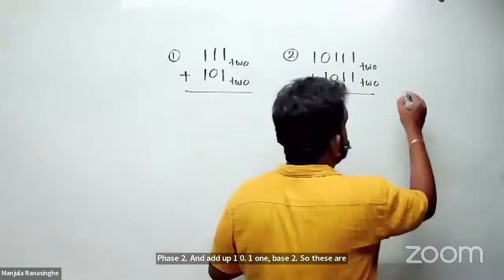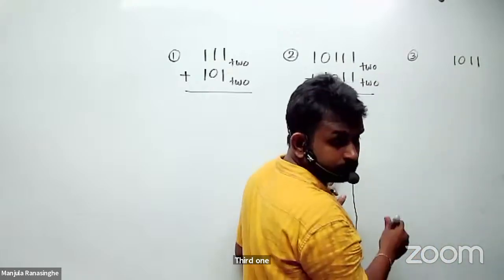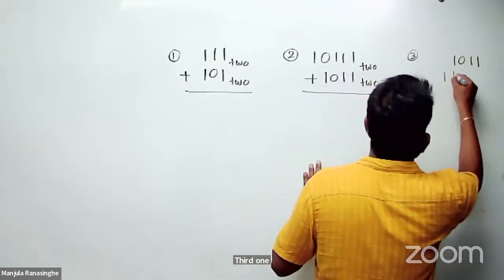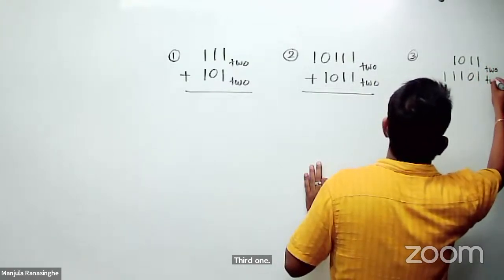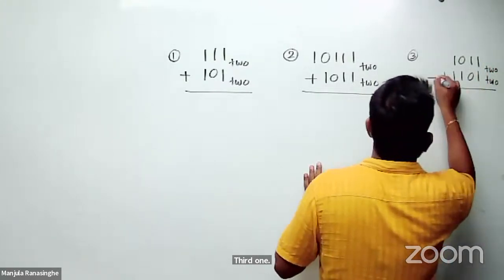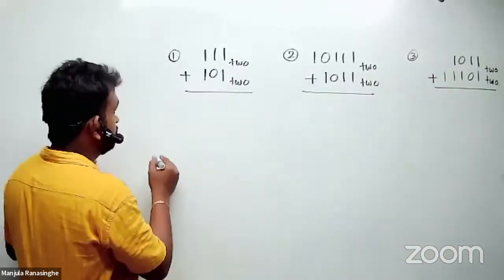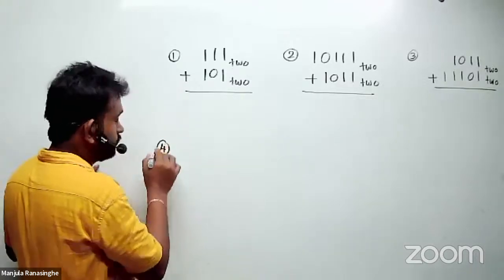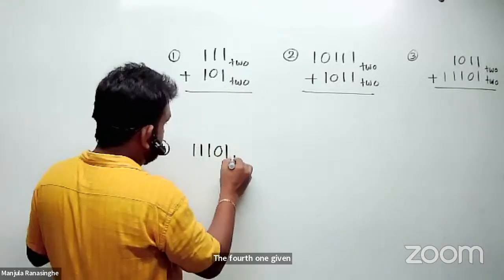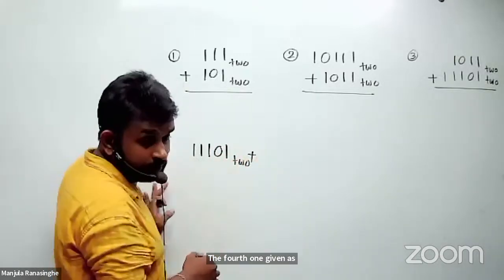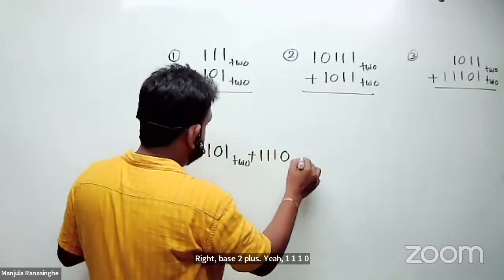Third one, the fourth one given as, right, base 2 plus here 11101 base 2.